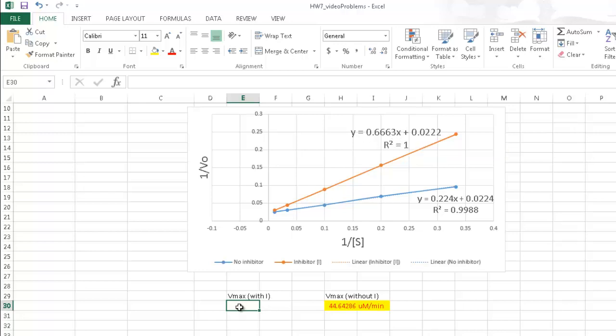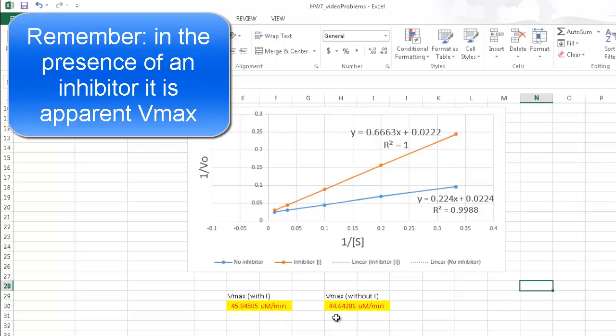So to get Vmax, we flip it, 1 divided by 0.0222, and we get 45.045. So again, units are going to be very important. And we know of a situation where the Vmax is unfettered by the presence of an inhibitor, and that is competitive inhibition. So our first inkling is that this would be a competitive inhibitor.